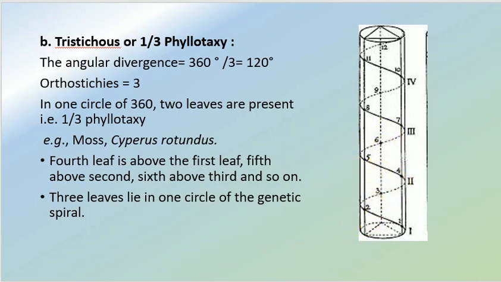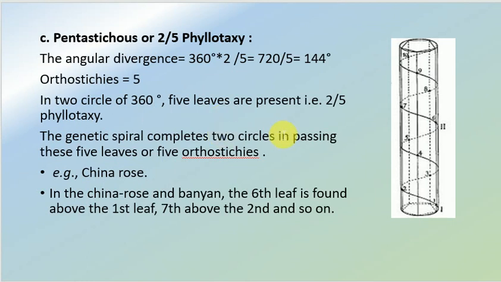Now the next subtype is the pentastichous phyllotaxy. Here the two genetic spirals are present. So the two genetic spirals, they are including 5 leaves. So this is the first genetic spiral and this is the second genetic spiral. So two genetic spirals all together, they are covering 5 leaves. So how can we get the angular divergence? 360 into 2, because the two genetic spirals of 360 each.